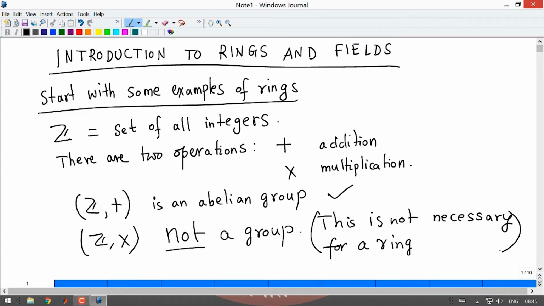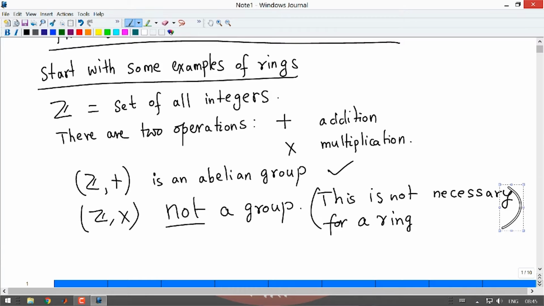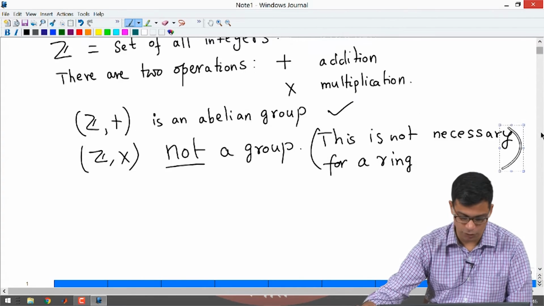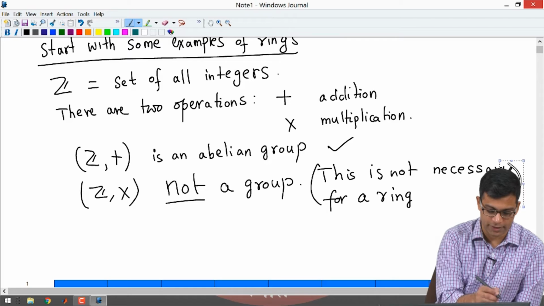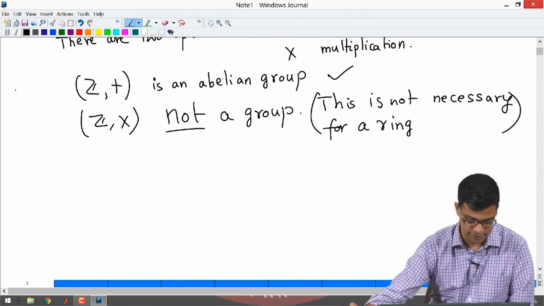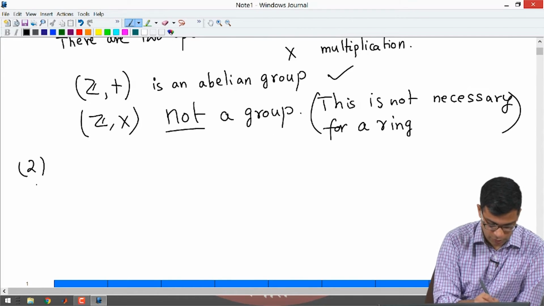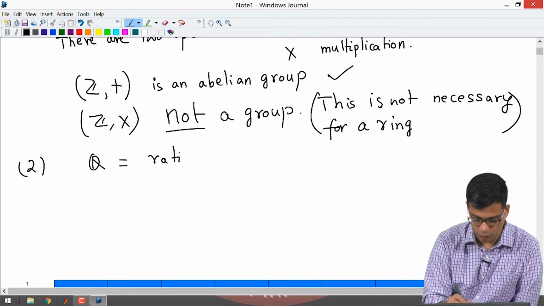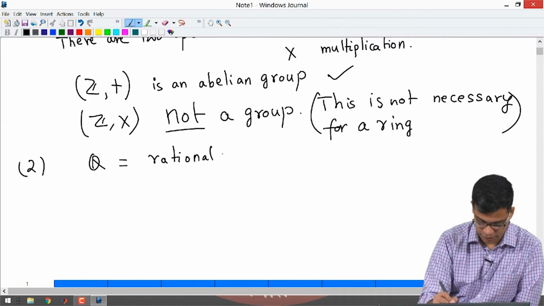We do not need the set to be a group under multiplication. So, it is not a group under multiplication. Some other examples. Z is our typical example of a ring. Let us look at the next example. These are also familiar to you. The set of rational numbers, Q always stands for the set of rational numbers.